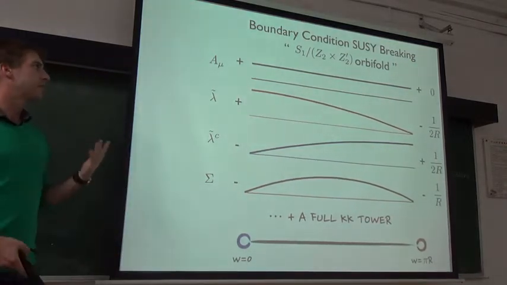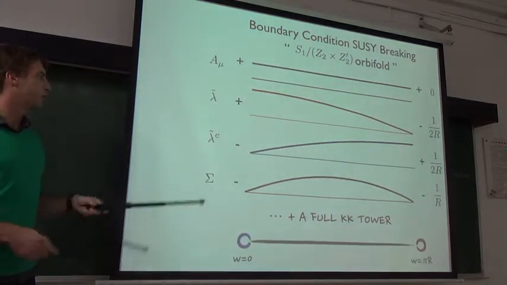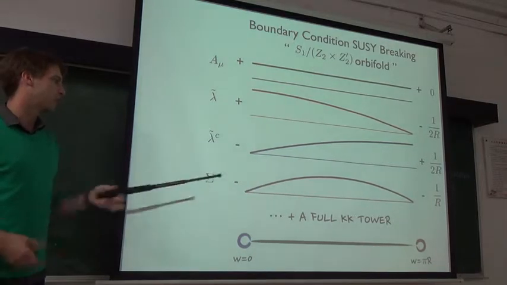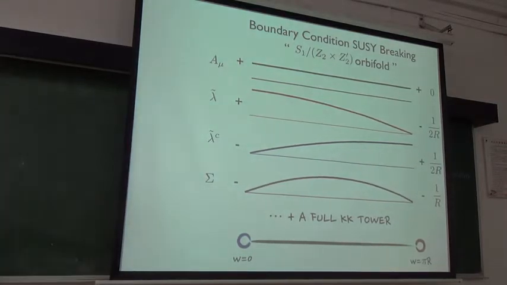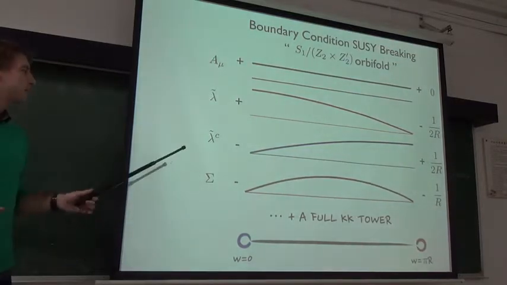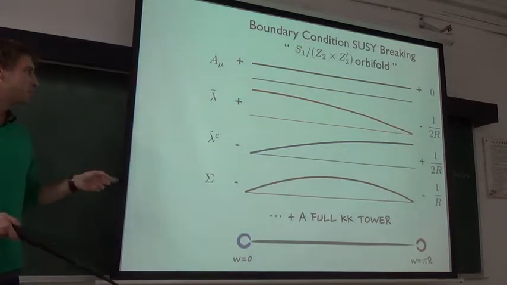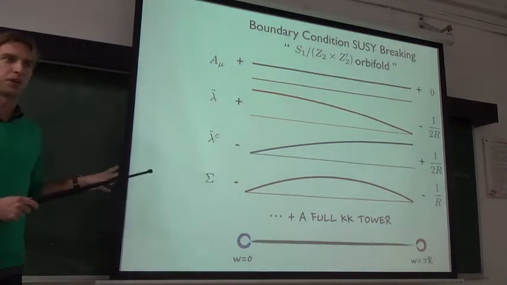And in 5D, I have additional superpartners, and I can do a similar trick so that all of their masses are lifted. This clearly breaks supersymmetry, and I will explain in a few slides why this is a nice way to break supersymmetry.